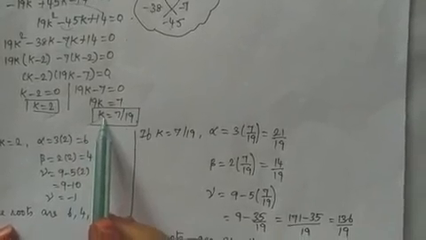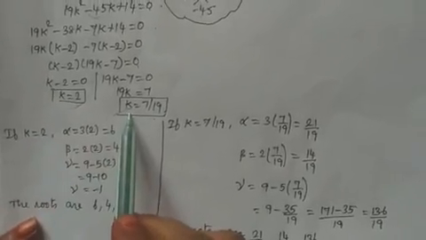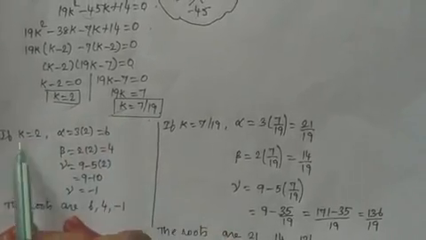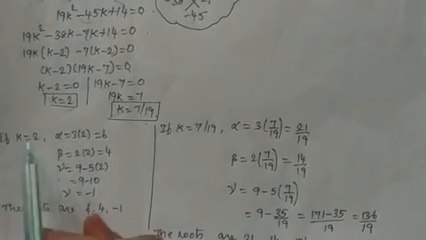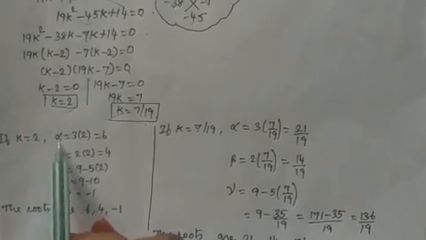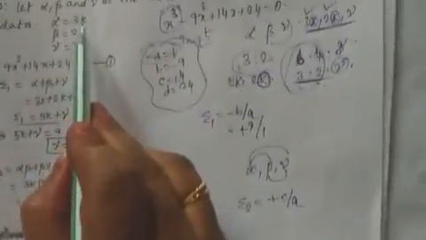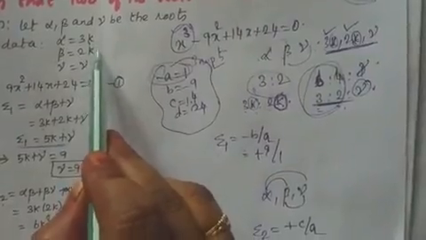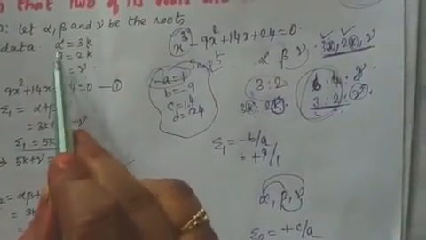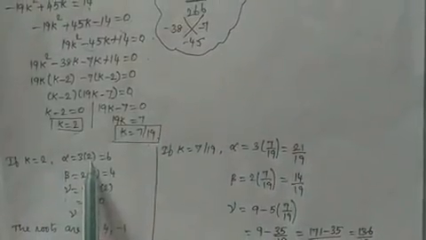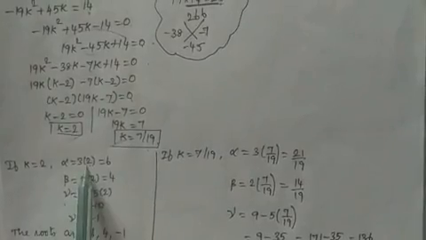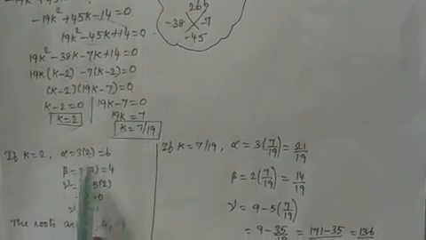For these two k values, we have to find out the roots separately. If k is equal to 2, what will be alpha, beta, gamma? In the beginning, we took alpha to be 3k, beta to be 2k, and gamma to be gamma. Alpha is 3k, so substituting k as 2, 3 2s are 6.